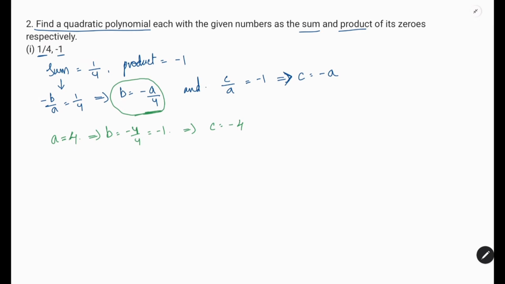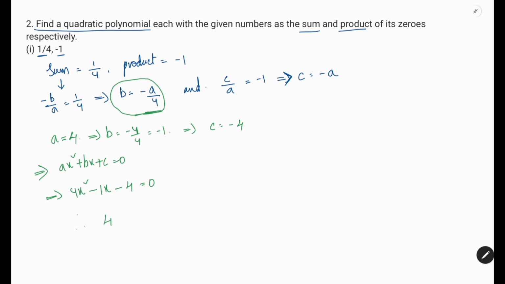Now we will substitute in ax square plus bx plus c equal to 0. This is the general form of the quadratic polynomial. So here a is 4, so 4x square, b is minus 1, so minus x, and c is minus 4.